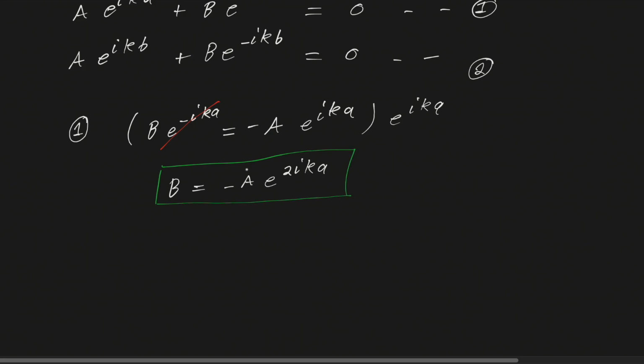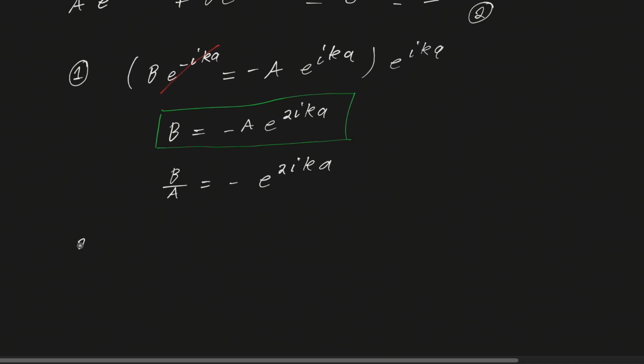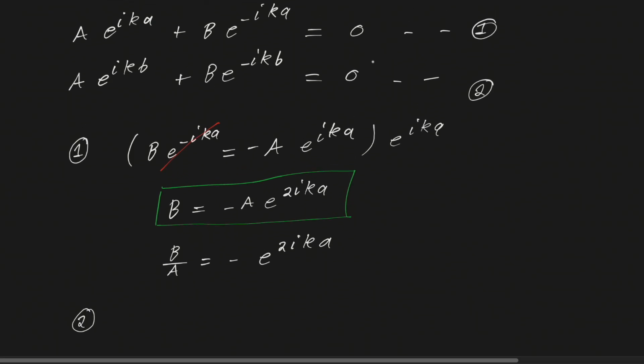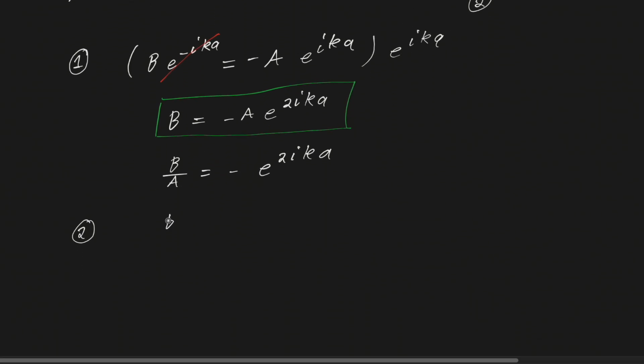So we got B in terms of A. But we can rearrange this further to have the fraction B over A equals minus exponential 2ika. Similar arguments can be followed with equation 2 to get the fact that B over A must equal minus exponential 2ikb.